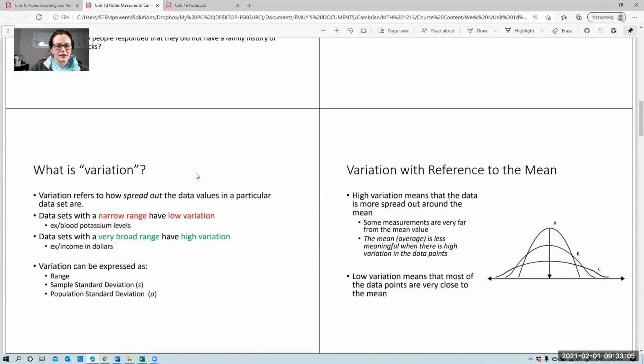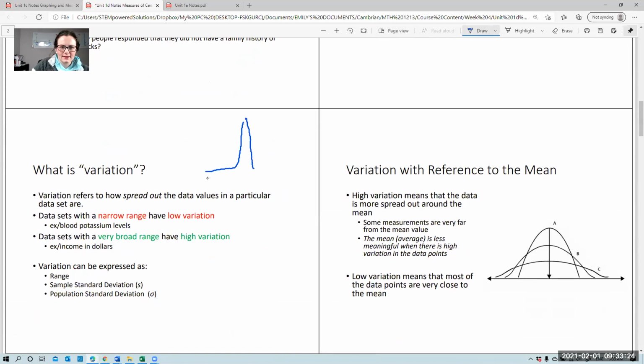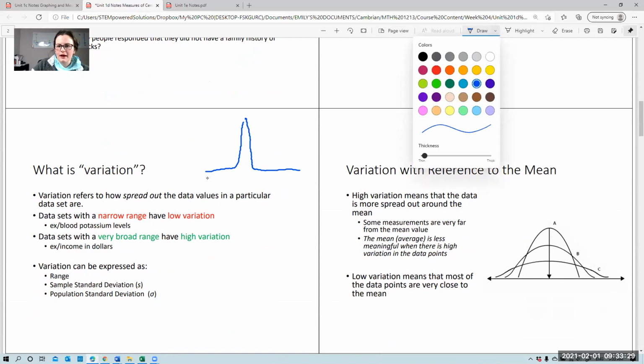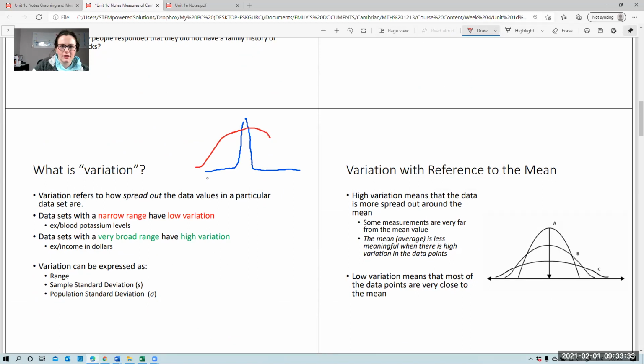So what is variation? Variation refers to how spread out the data values in a particular data set are. Data sets with a narrow range have low variation. If you have a data set with low variation, you're going to have a data set that looks like this, where there's very low variance. And then you could have a data set that has a broader range, and that would have high variation.